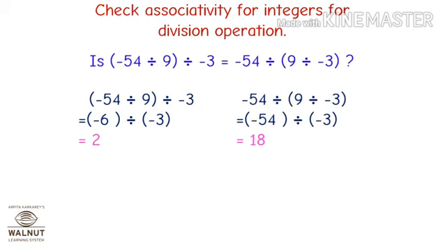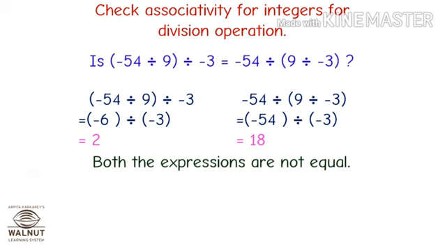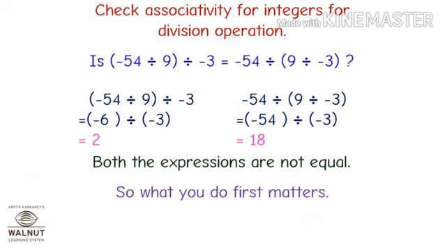Whereas -54 ÷ (9 ÷ (-3)) is equal to -54 ÷ -3, which is equal to 18. Both the expressions are not equal. So, what you do first matters. So, division is not associative.